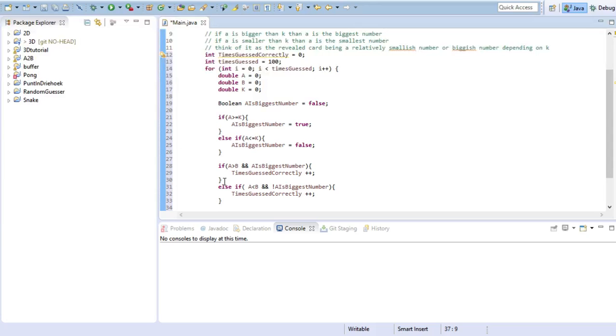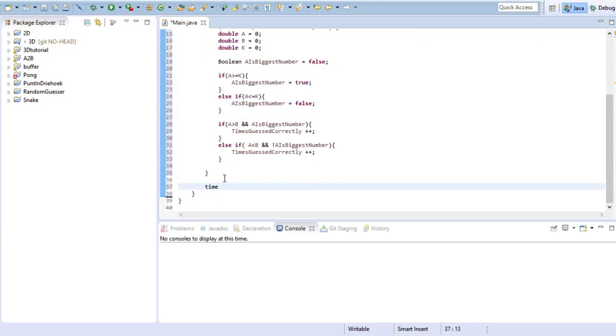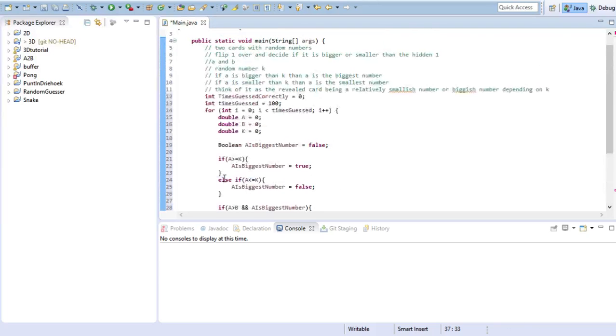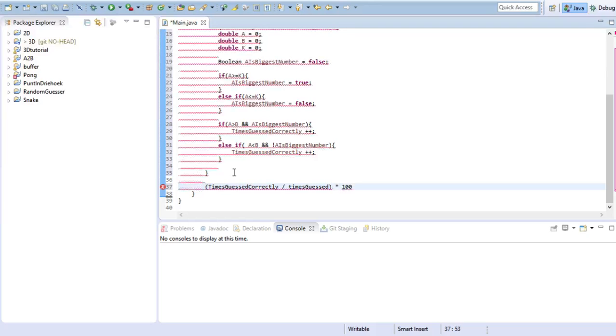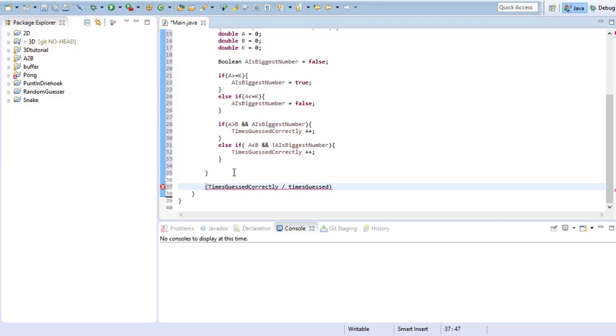Okay, so times correctly divided by times guessed, and all this times 100 to get it in nice percentages. Nah, let's just keep it between 0 and 1. That looks fancy. And this I'm going to print.